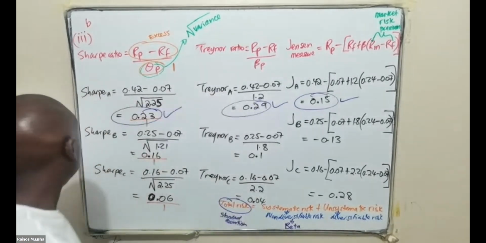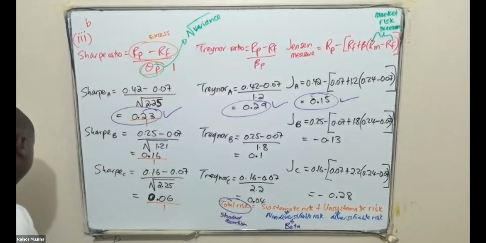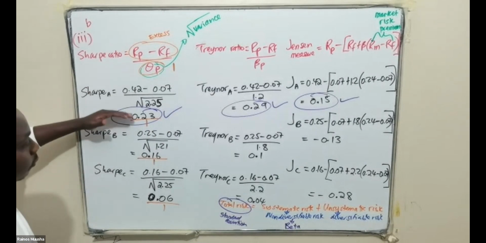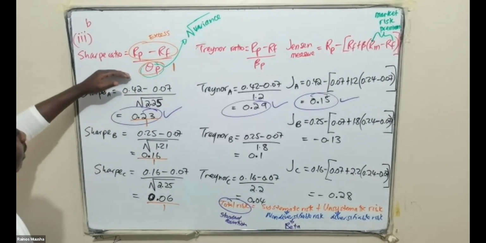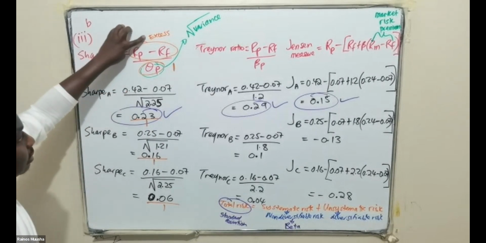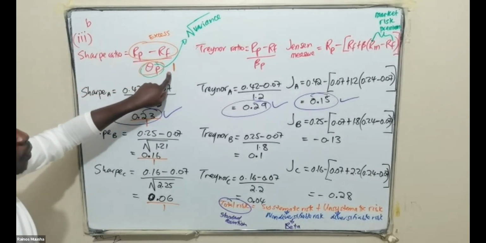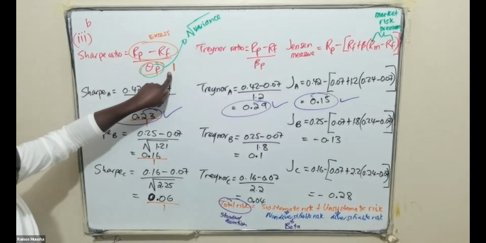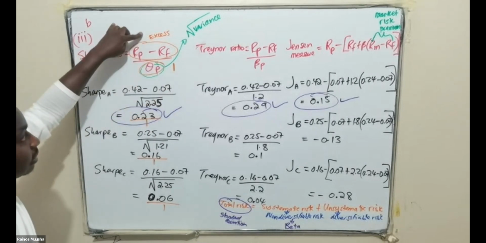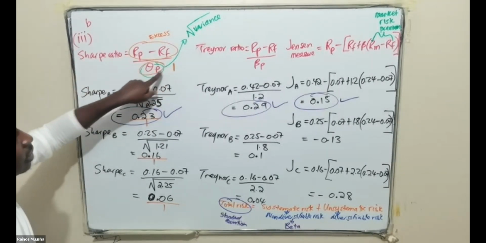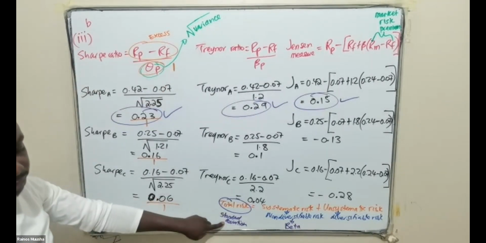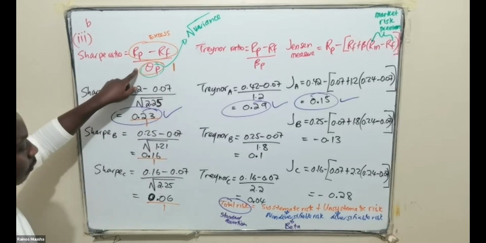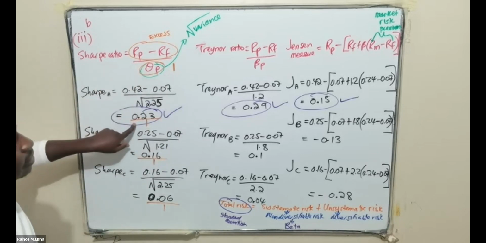So when you take into account total risk of the portfolio, you are saying how much excess return is each portfolio generating for 1 unit of total risk. So how much excess return is each portfolio generating for 1 unit of total risk? And as you can see, portfolio A is best performing.